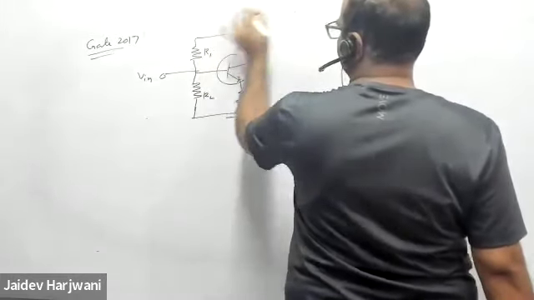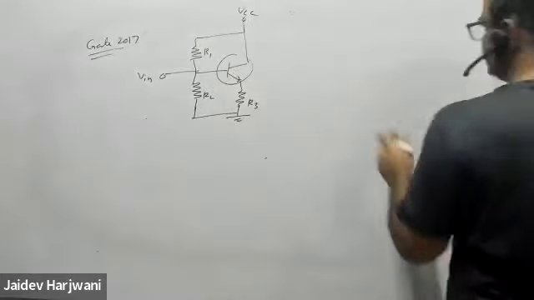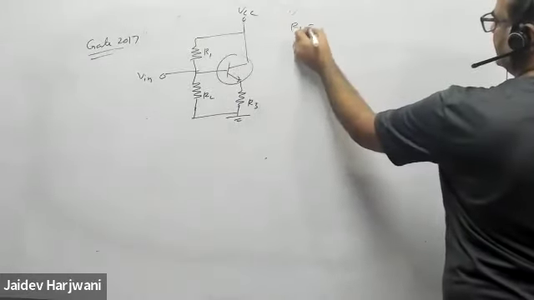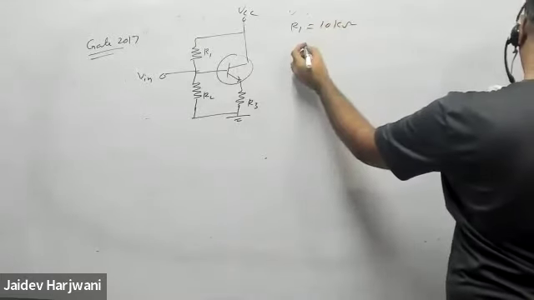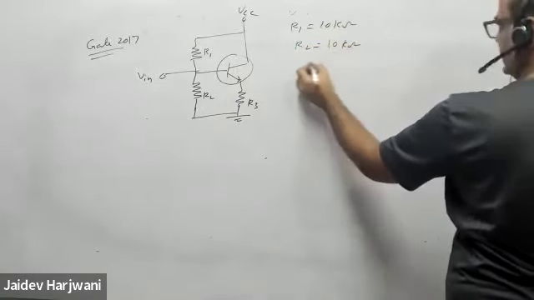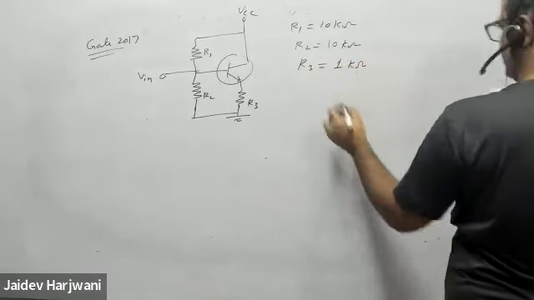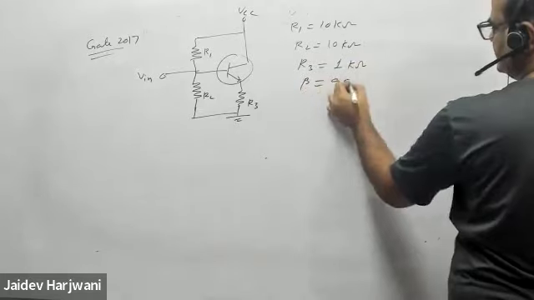This is your VCC. And the values are given: R1 is 10 kilo ohm, R2 is 10 kilo ohm, R3 is 1 kilo ohm, beta is 99.